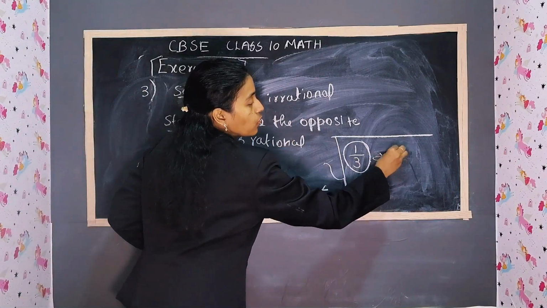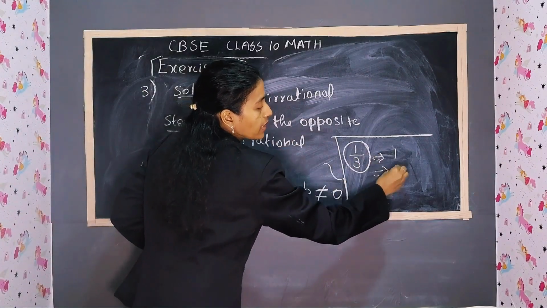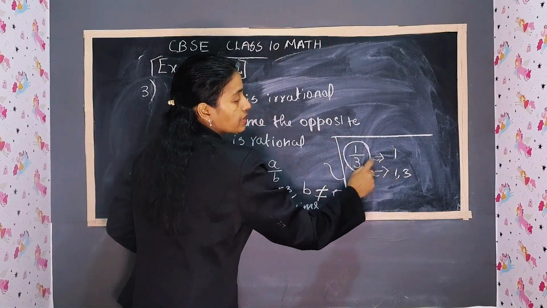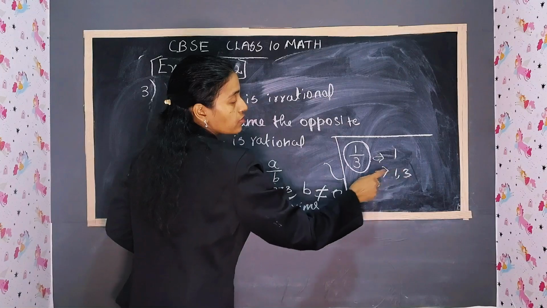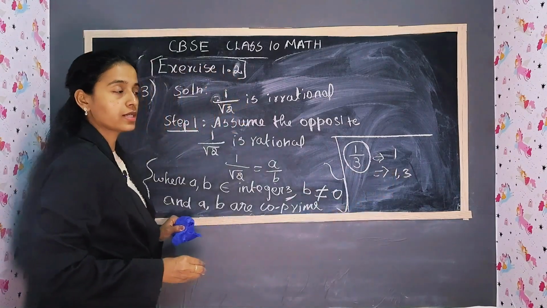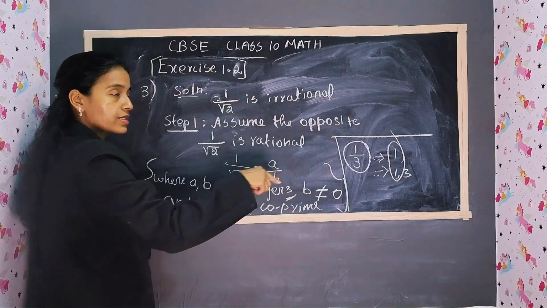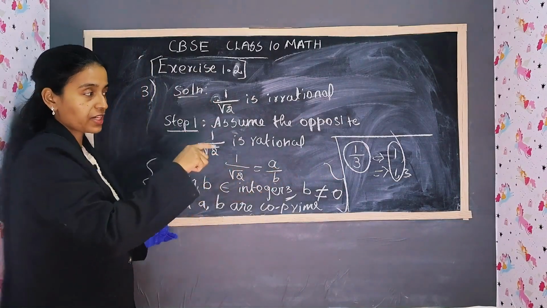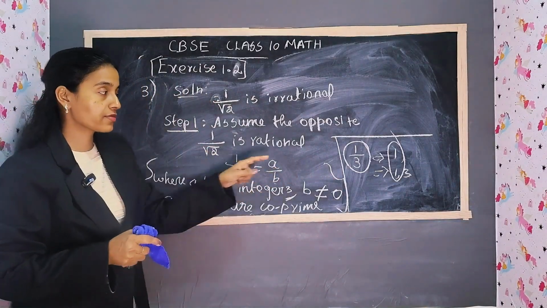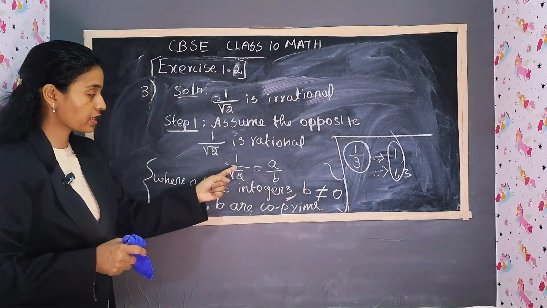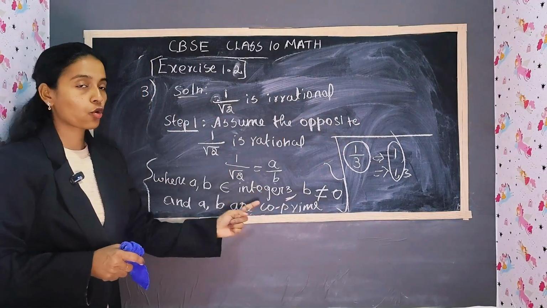And 3 would be 1 and 3, because I can divide 3 by 1 completely and 3 by 3 completely. In these two cases, the common factor is 1, we have only 1 as a common factor. So we can say 1 and 3 are co-prime. Similarly, we can say a and b are co-prime.